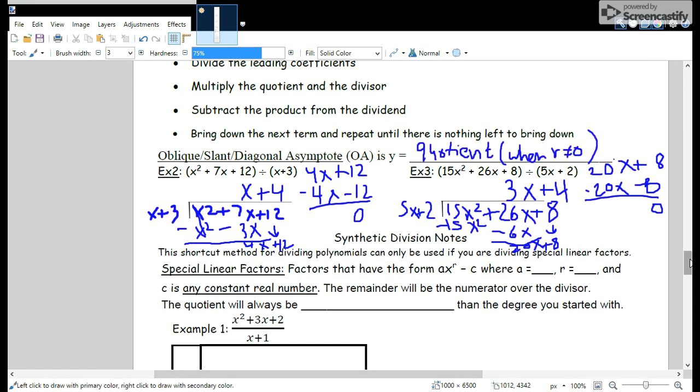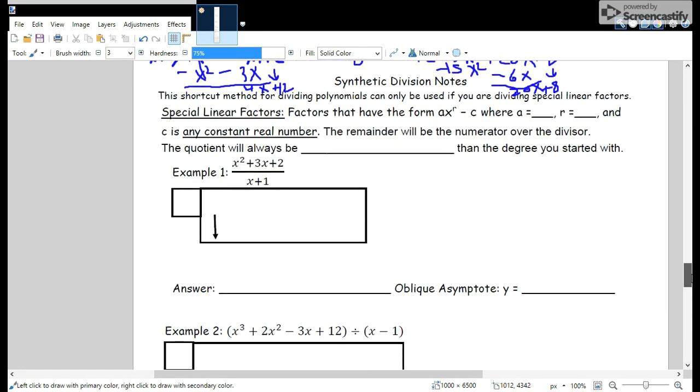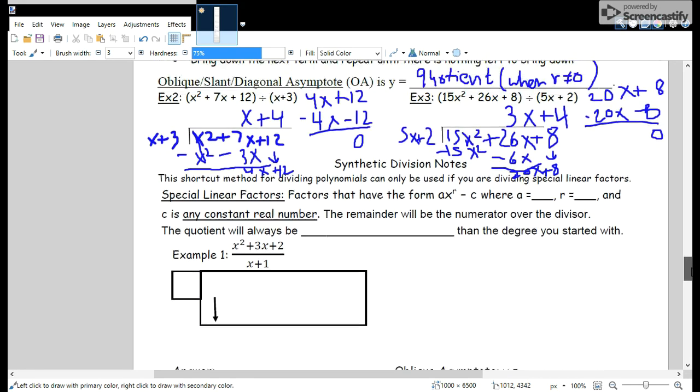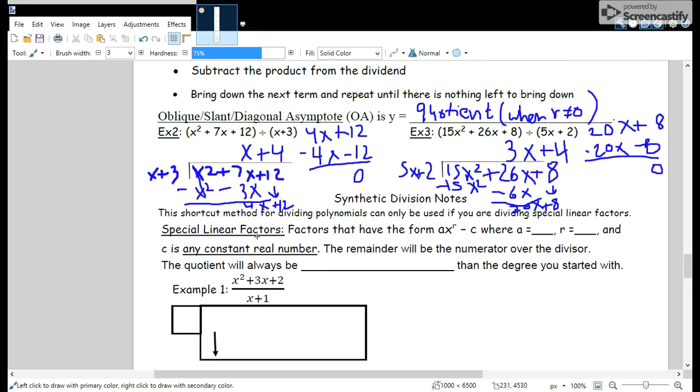Let's turn to the next page, synthetic division. So we have special linear factors. Those are factors that have the form a times x to the r minus c, where a equals 1, r equals 1, and c is any constant real number. The remainder will be the numerator over the divisor, the denominator.